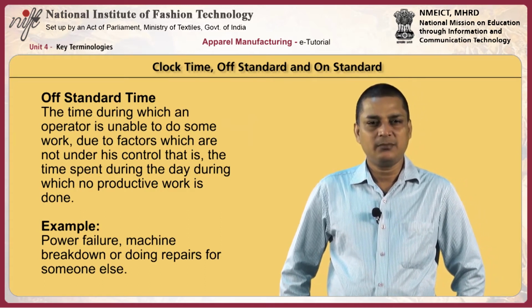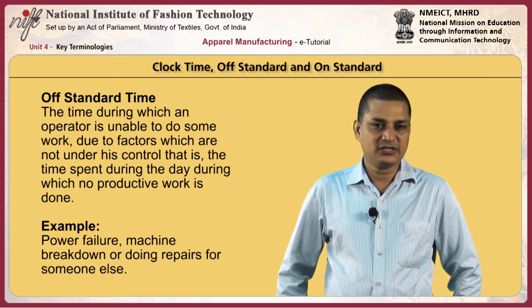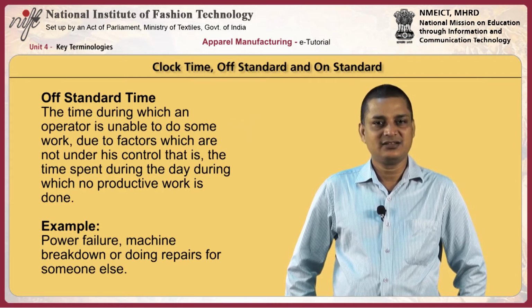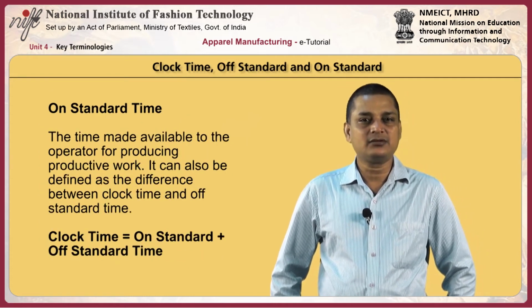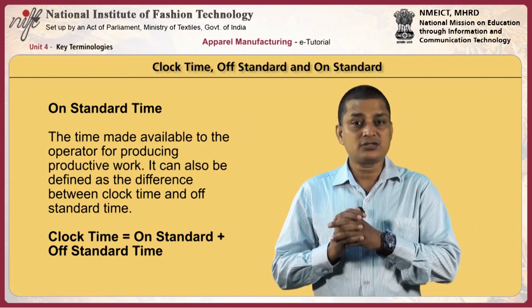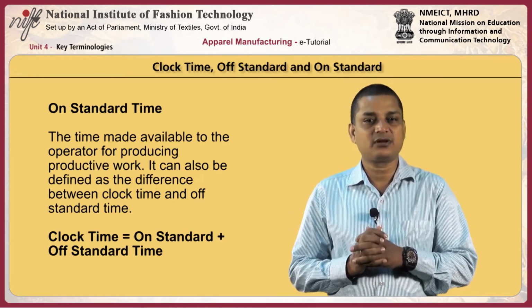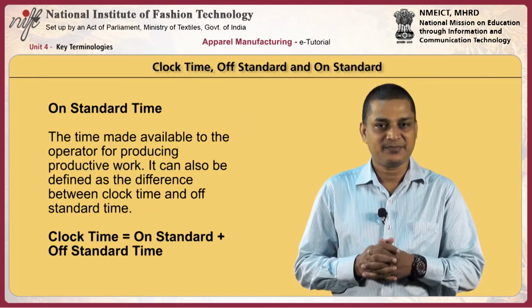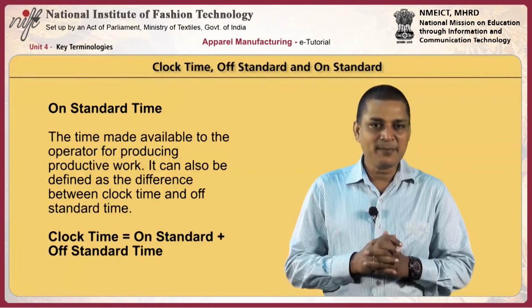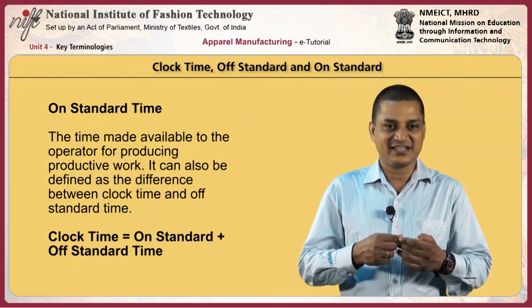For example, power failure, machine breakdown or doing repairs for someone else. On standard time is the time made available to the operator for producing productive work. It can also be defined as the difference between clock time and off standard time. Thus, clock time is equal to on standard time plus off standard time.